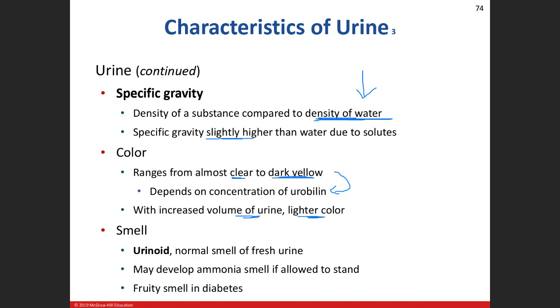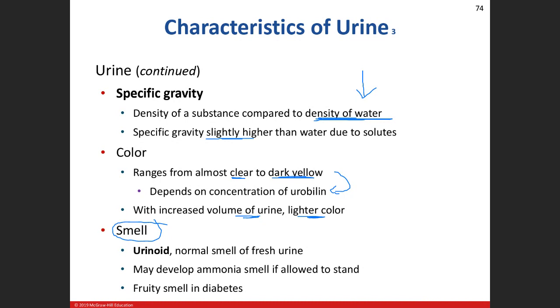Or how about the smell? This is an interesting term here, urinoid. That's a specific word to describe the smell of your urine. Urine should not have a sweet smell.